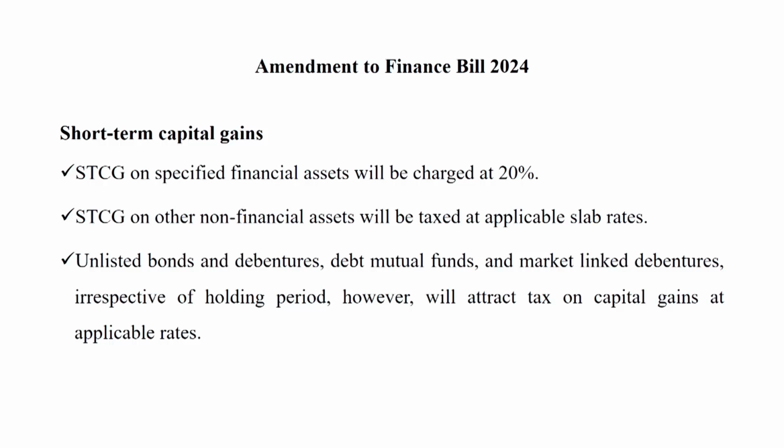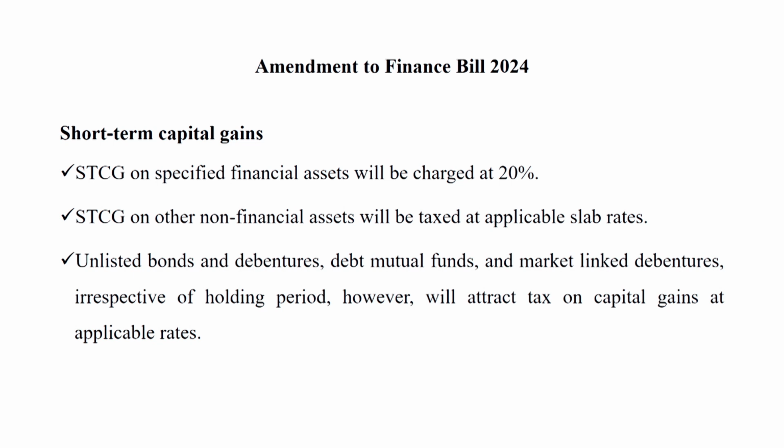So dear students, short-term capital gain on specified financial assets will be charged at 20%, and the specified financial assets are also defined, which types of financial asset will be treated as a specified asset. For such financial assets, according to the amendment rule, the rate of tax will be 20%.